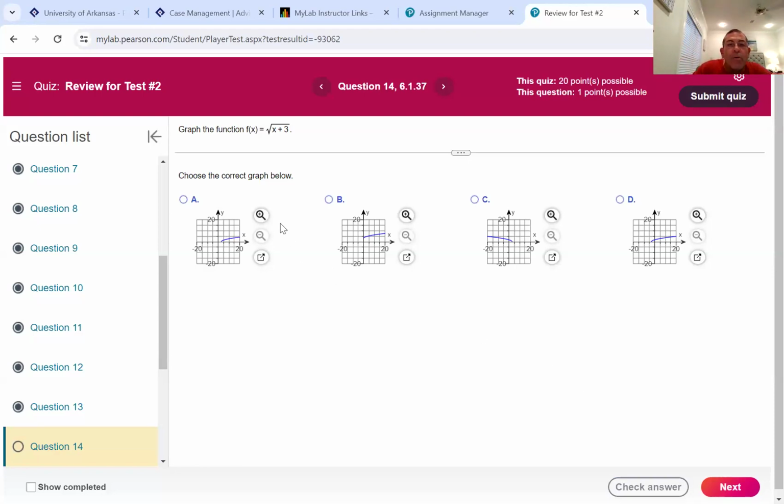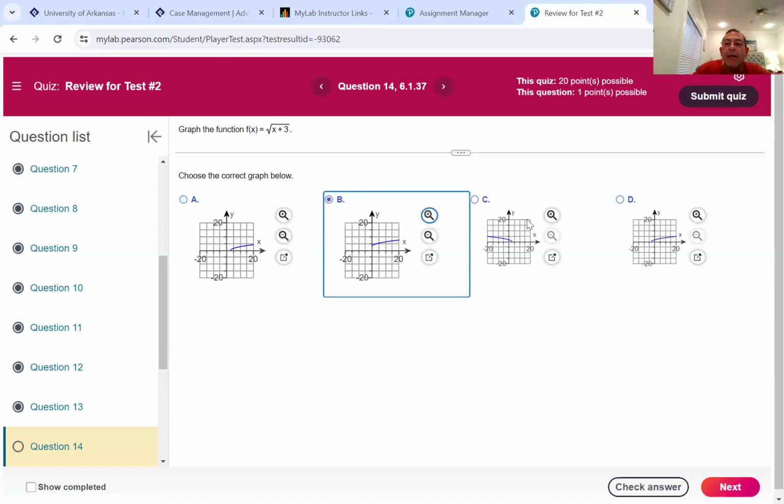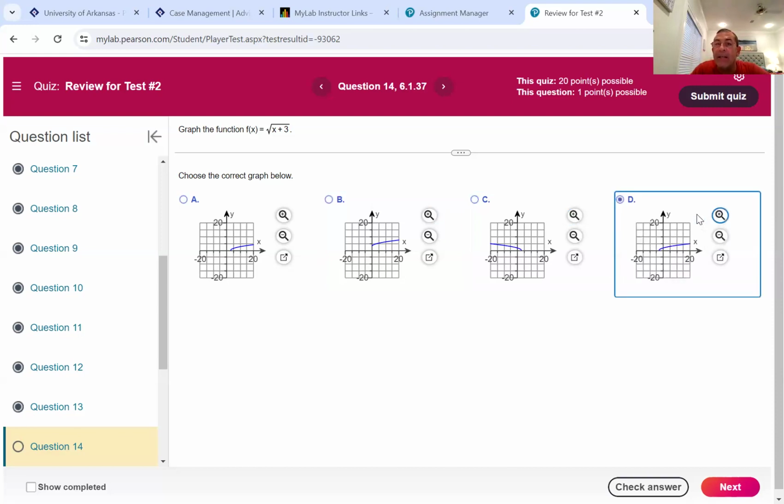So is it going to move it to the right like A did? Is it going to move it up like B did? Ain't nothing going to flip them around, so there's no way it could be C. Or is it going to move it left like D did?